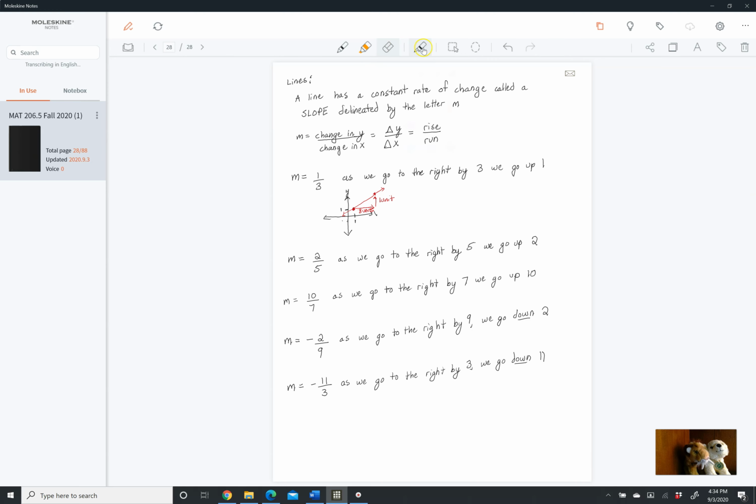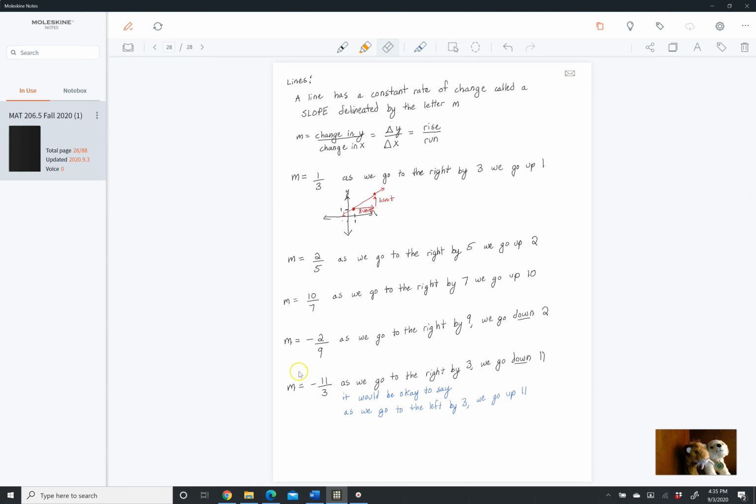So it would be okay. I'm going to write this in blue, that it would be okay to say as we go to the left by 3, we go up 11, okay?